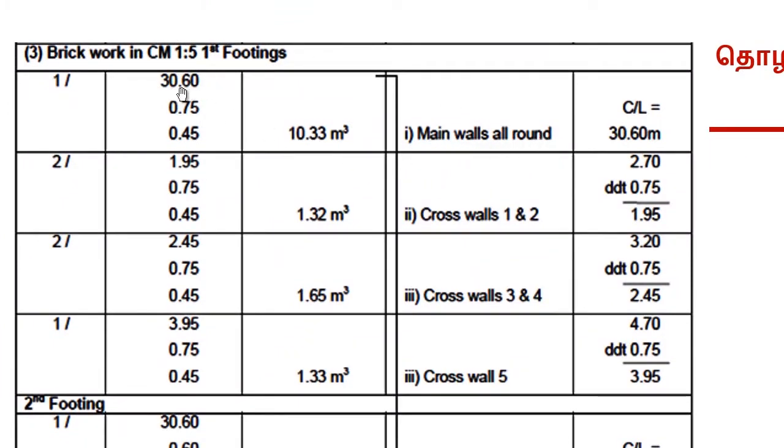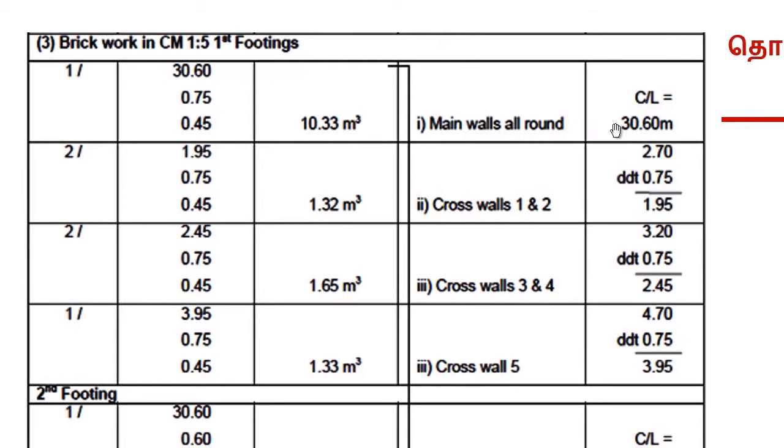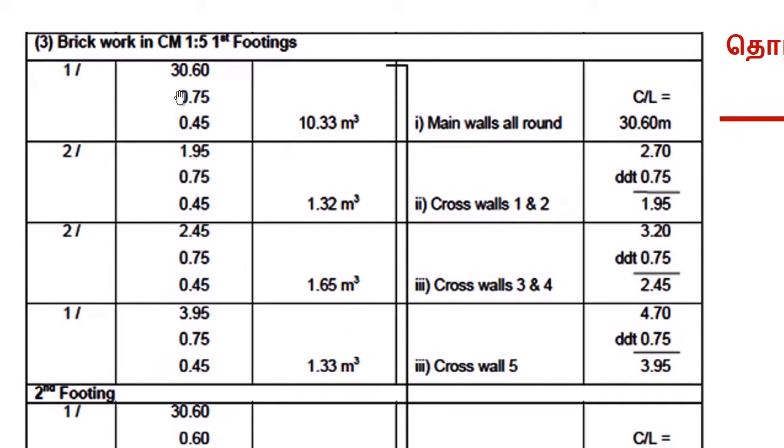The total center to center length how much? 30.60 meter. First footing breadth 0.75 meter, depth of first footing 0.45 meter.